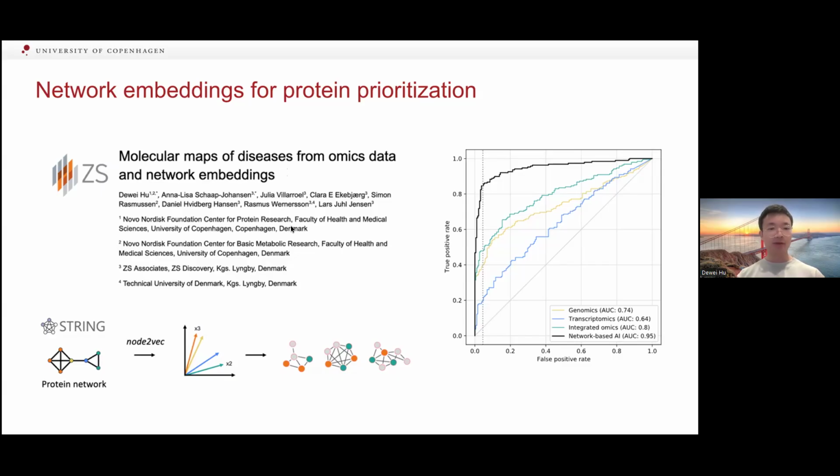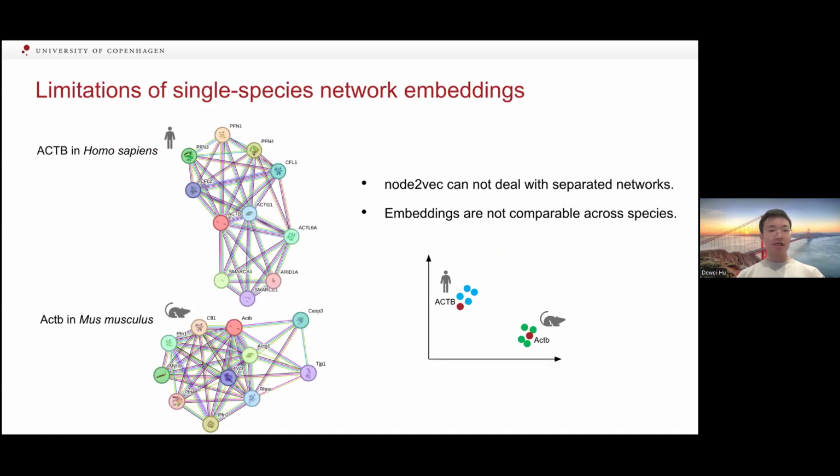Typically, we start with the node2vec embeddings, and we have omics data, which are used to define the proteins which are associated or not associated with the disease. Here you can see the black line, which is our embedding-based method, and it's much better than the traditional omics-based analysis. This is good, but there are a lot of limitations.